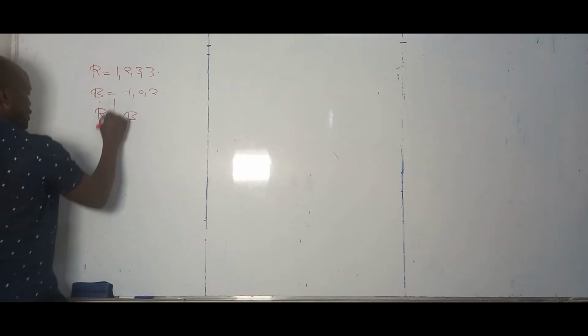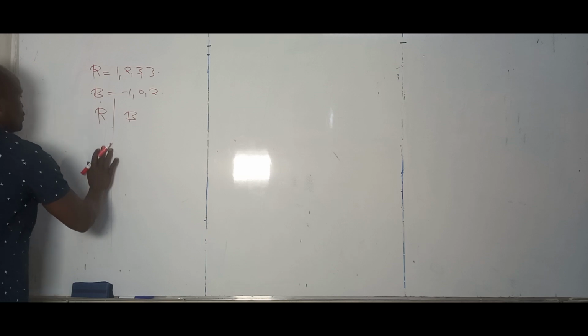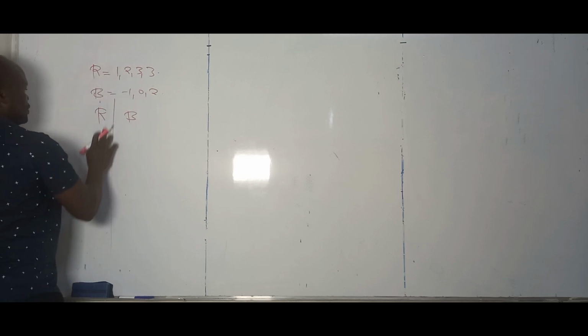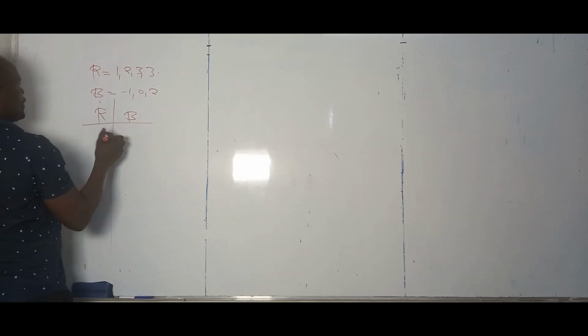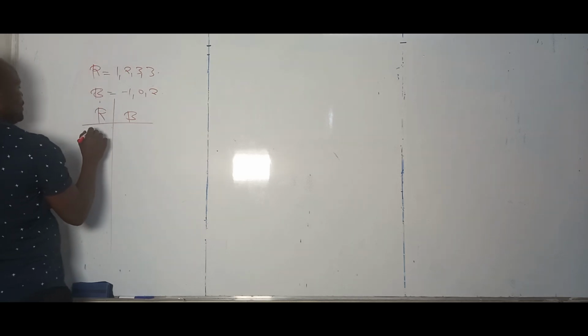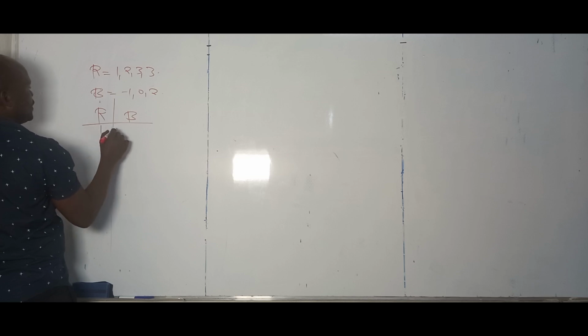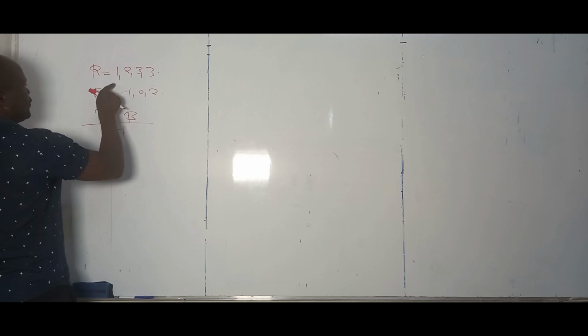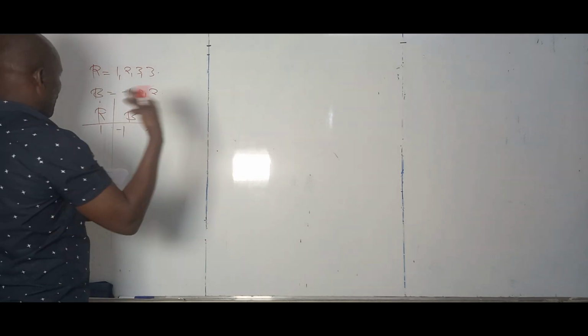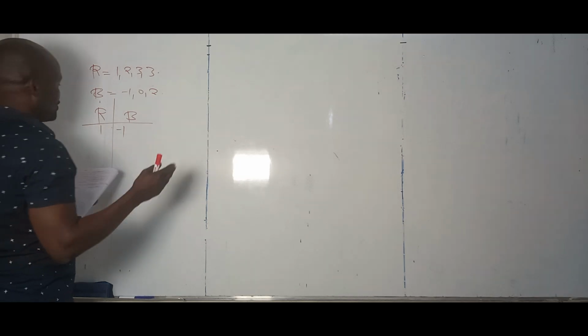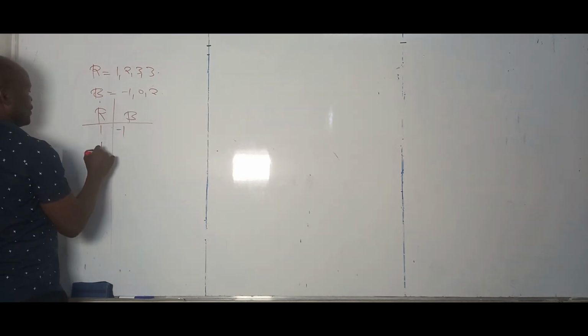I have red and I have blue, and I want to consider the combinations that I can possibly obtain. If I start with 1, I can get 1 and -1, or 1 and 0, or 1 and 2.